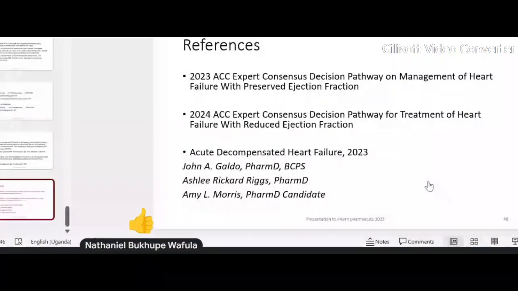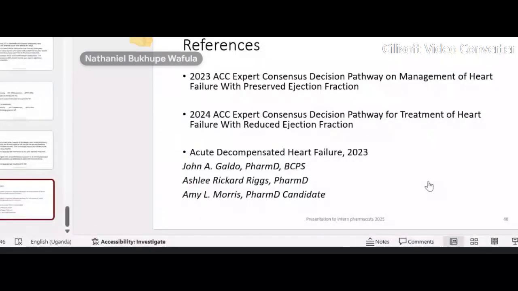Okay. The reason why the three, bisoprolol, carvedilol, and metoprolol succinate, are chosen, and why particularly succinate in metoprolol, I cannot say. I can just say it is because of the mortality benefits seen for those.